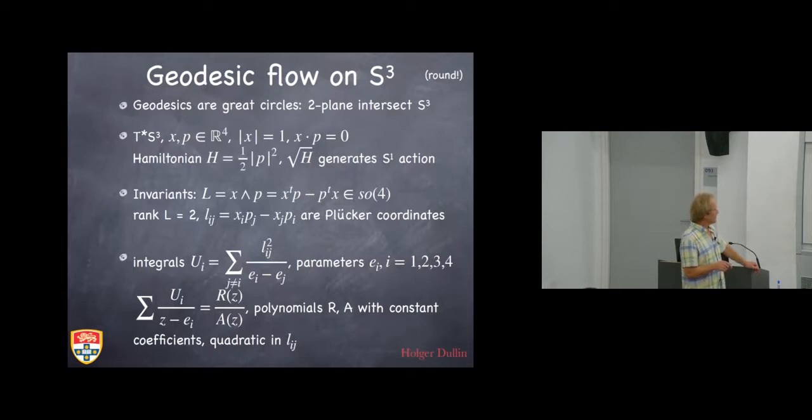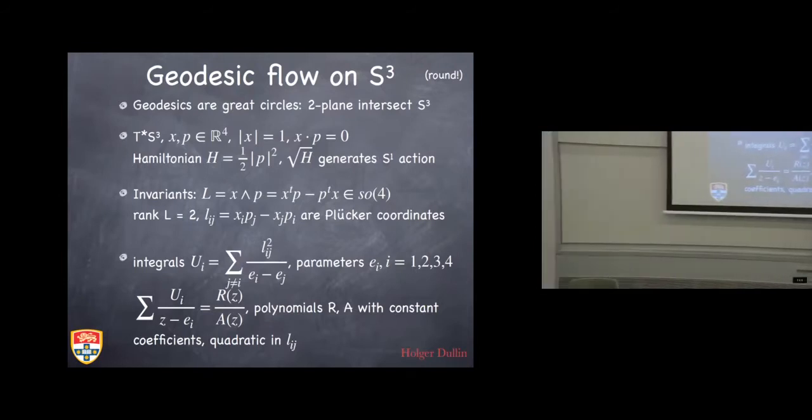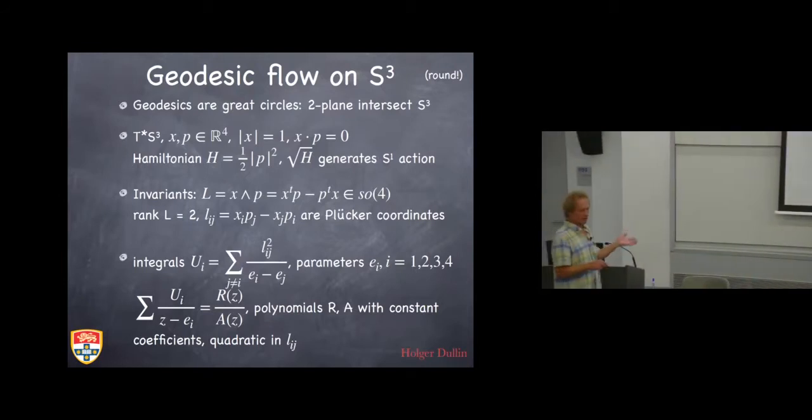And the square root of H generates an S1 action. It's not H itself because that doesn't have constant period, but the square root of H has constant period. So that's a generator of my S1 action. I will not look at energy 0, so there's no problem with the square root. And this is the S1 action that I'm going to divide out.